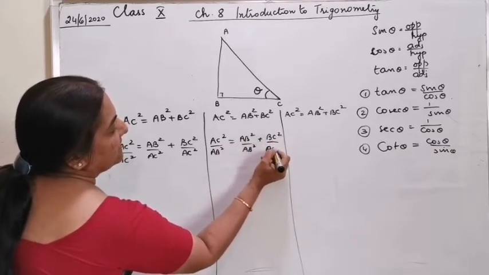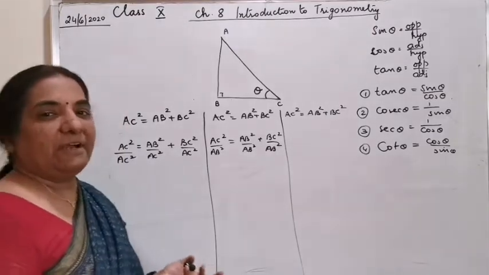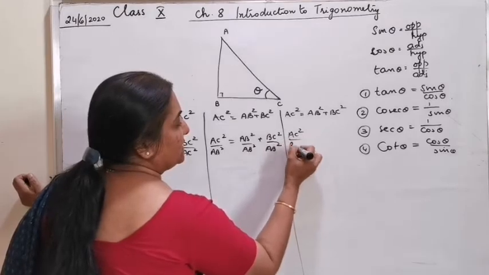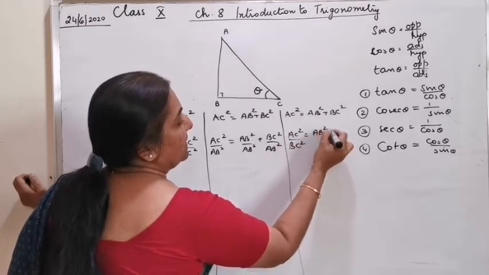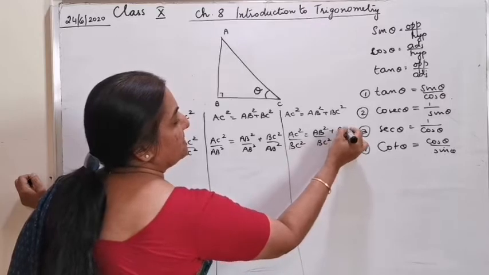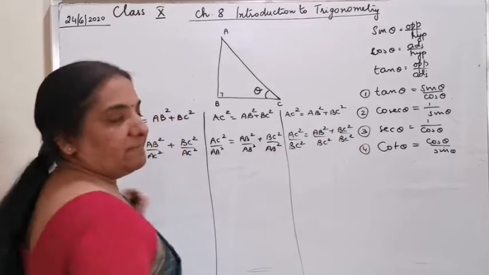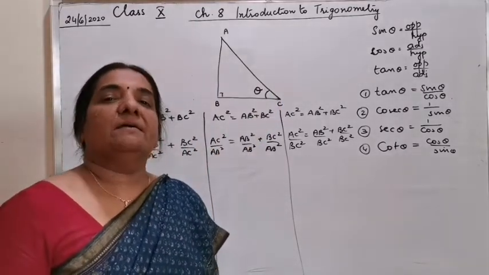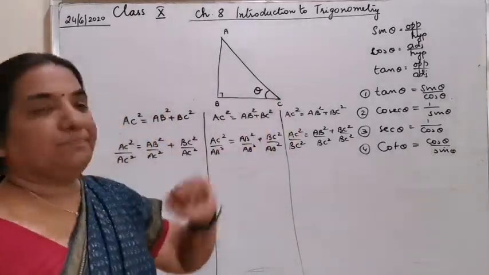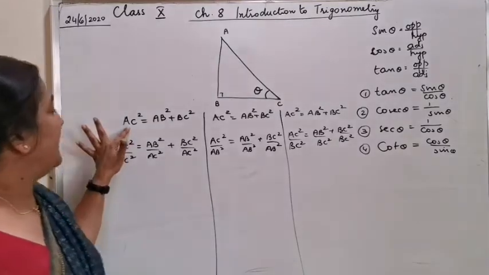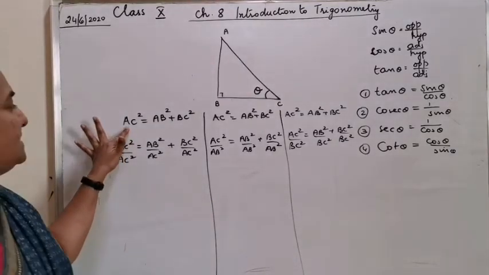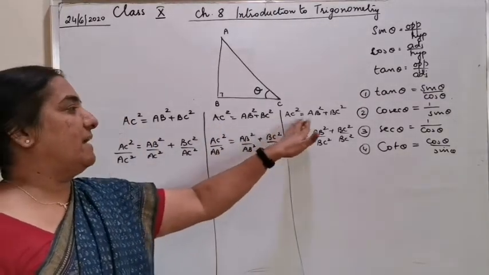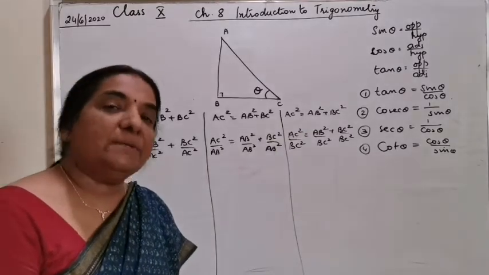For the third identity, divide all the terms with BC square. AC square by BC square is equal to AB square by BC square plus BC square by BC square. That means when the triangle ABC is right angled at B, the Pythagoras theorem is applied. For the first identity, divide all the sides with AC square. For the second identity, divide with AB square, and the third identity, divide with BC square.